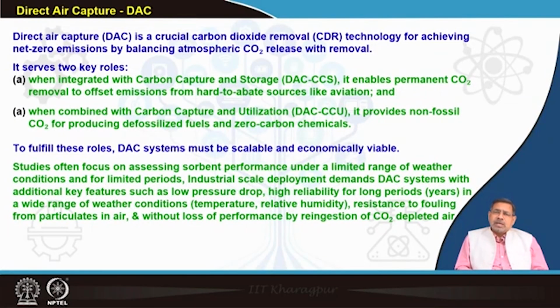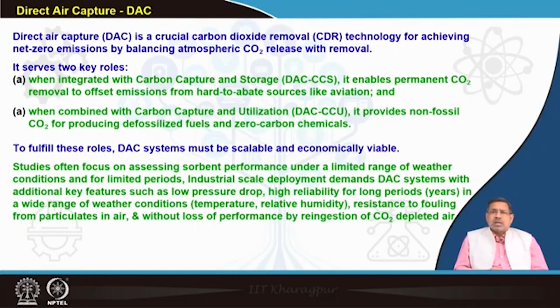But look at some other sources where a lot of emissions occur over urban areas, into the atmosphere, because of flight movement. So direct air capture is a crucial carbon dioxide removal technology for achieving net zero emission by balancing atmospheric CO2 release with removal.